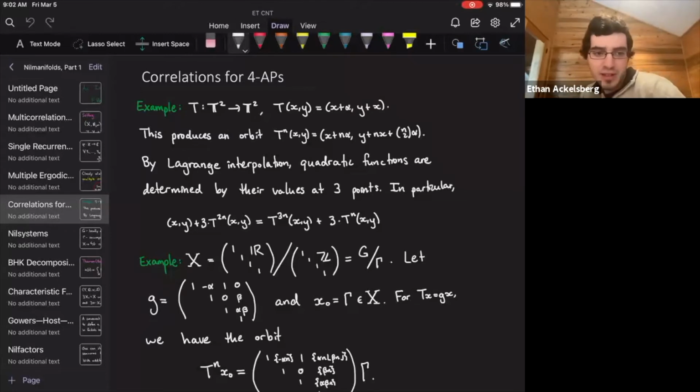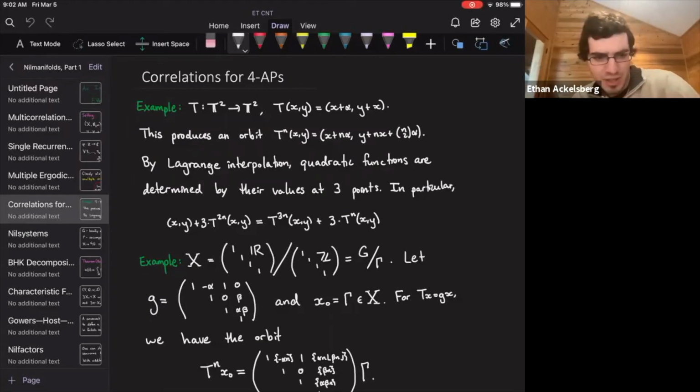If you take your point plus 3 times its image under T to the 2n, that's the same as T to the 3n of your point plus 3 times T to the n. So I think I put the 3's in the right places and things on appropriate sides. If not, at least some relation like this holds.